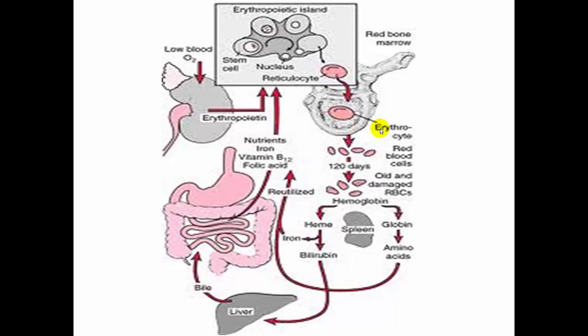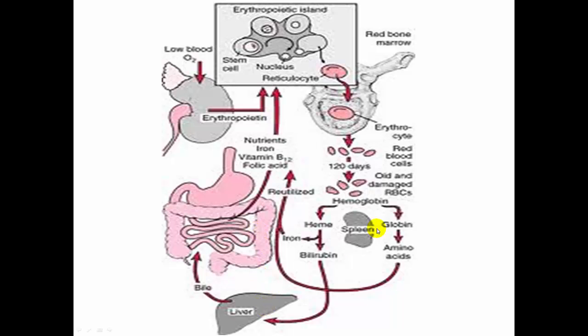This picture is specific for red blood cells. So it gives you a little bit of information about red blood cells, such as the normal red blood cell has a lifespan of 120 days. Well, what happens to the red blood cell after that 120 days? Well, it's removed, it's broken down in the liver or the spleen.